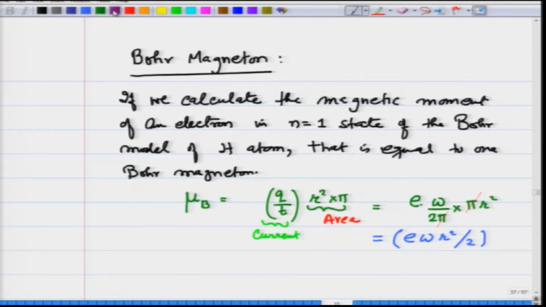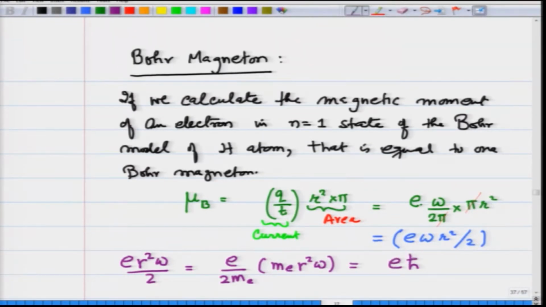So, I am going to write e r square omega by 2 as e over 2 m_e times m_e r square omega. m r square omega is the angular momentum. So, I can write this as e, and in the first Bohr orbit that angular momentum is h cross, divided by 2 m_e, and that is a Bohr Magneton.